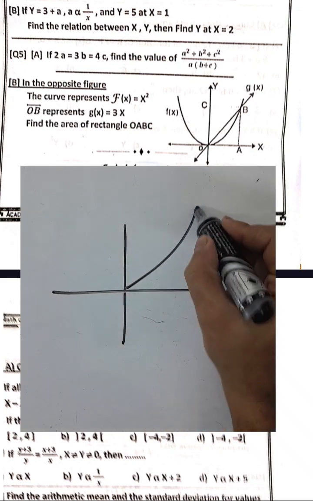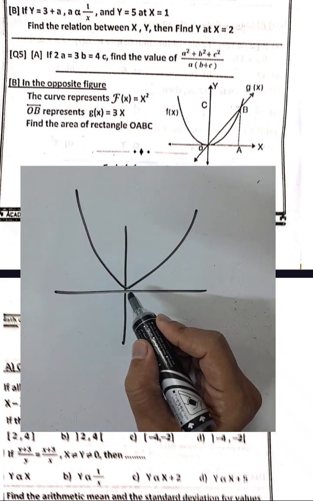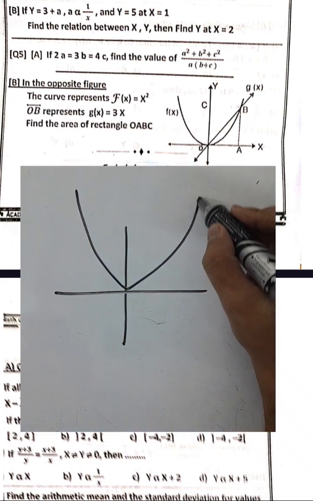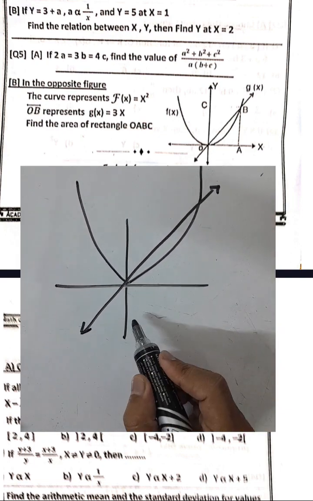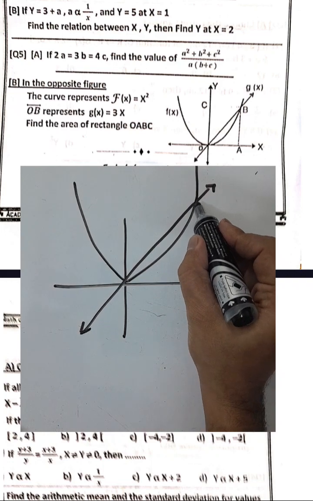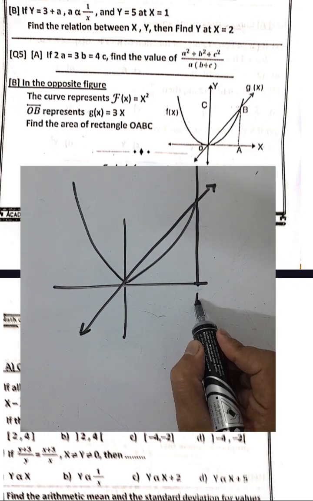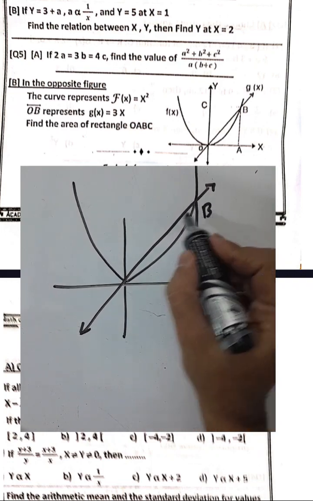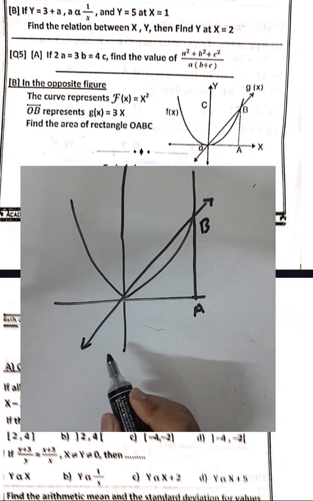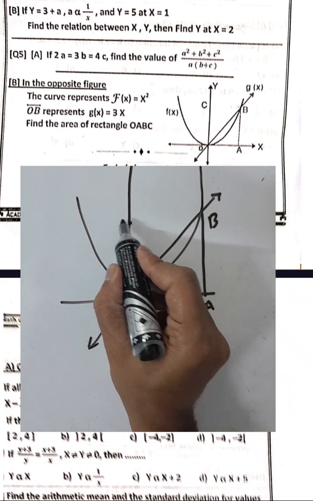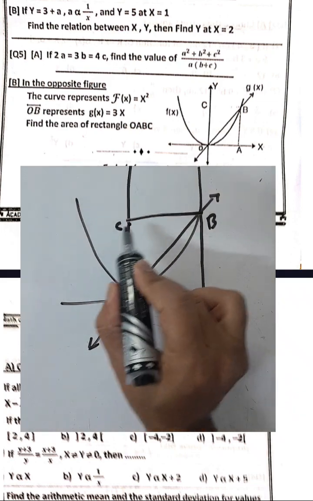First, give us the curve of the parabola here. And we have A and B, P here, and C. Okay, it's a rectangle.